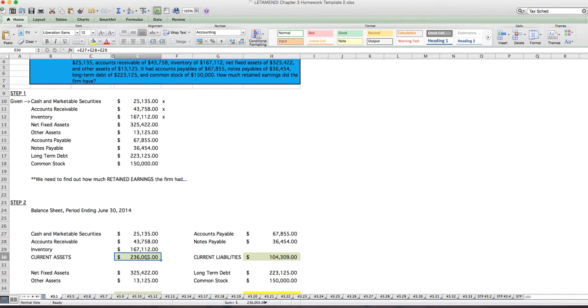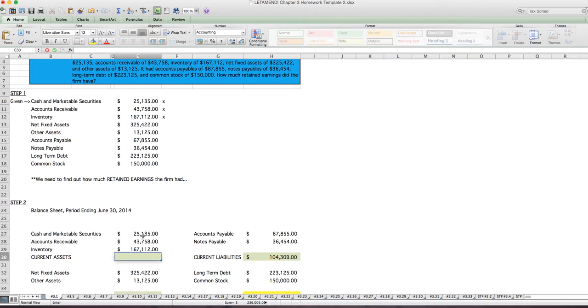So in order to do that in Excel, you can do a couple of things. You can either do equals, click that, plus click, and then press enter, and you get that answer. Or you can do equals, sum, open parentheses, highlight your range, close parentheses, and then press enter.